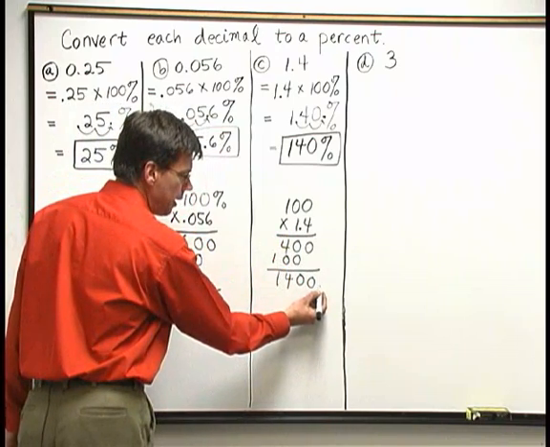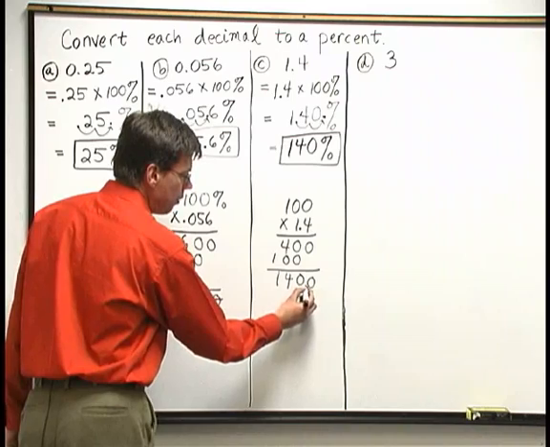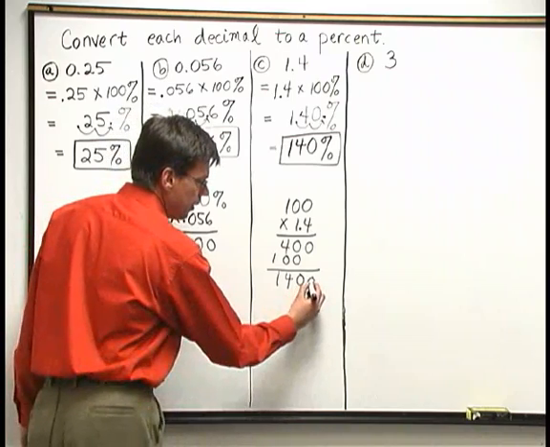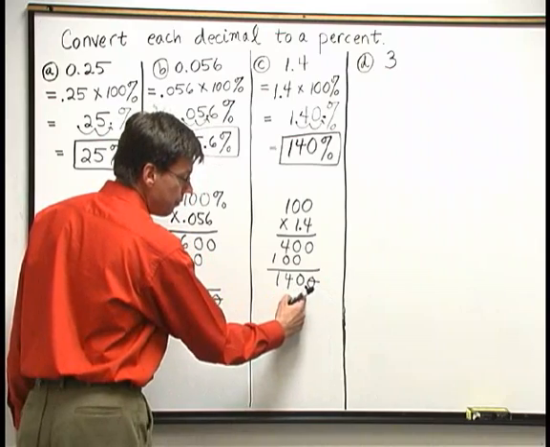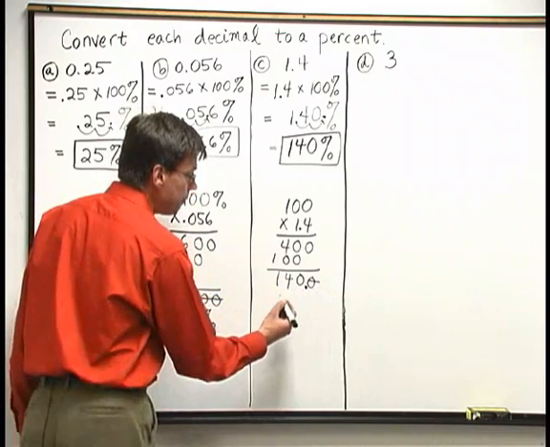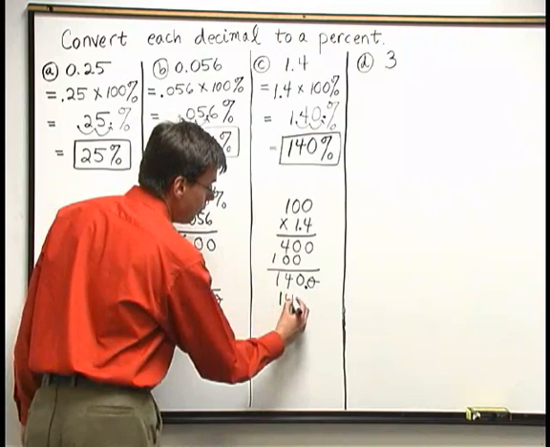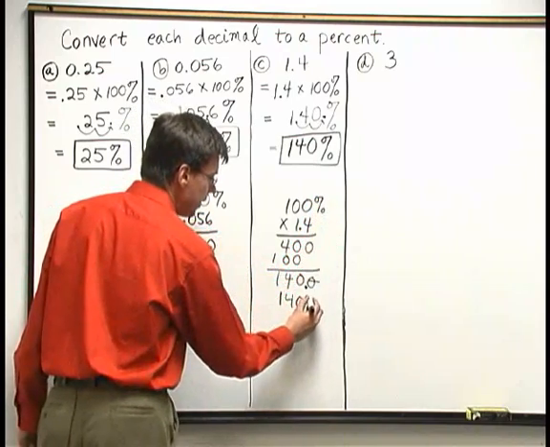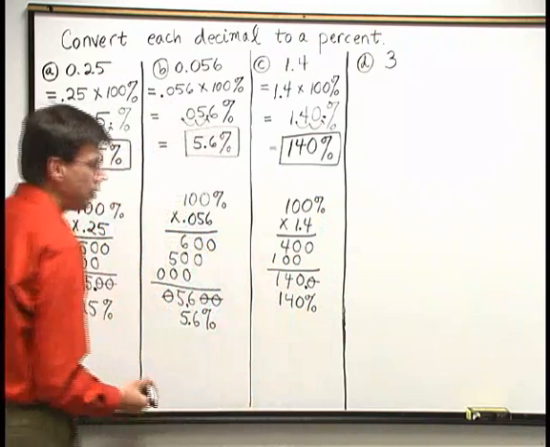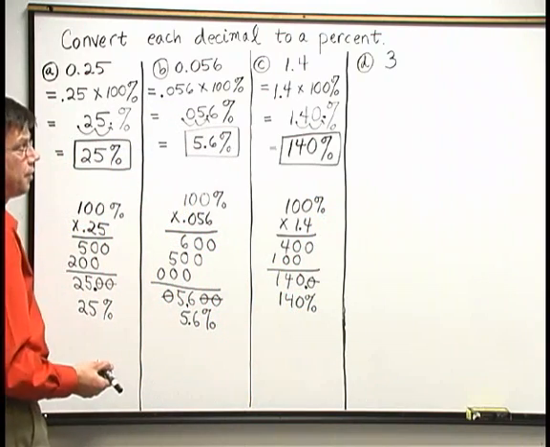So I start at the right, and I just move one place over. This 0 is unnecessary, but the 0 between the 4 and the decimal point I need to keep. So that's actually 140. Because I was multiplying by 100%, I end up with 140% as a result.